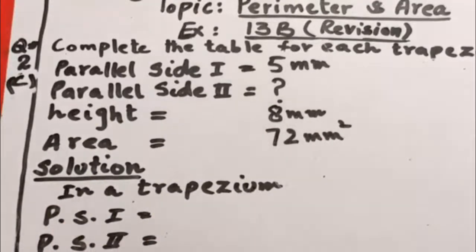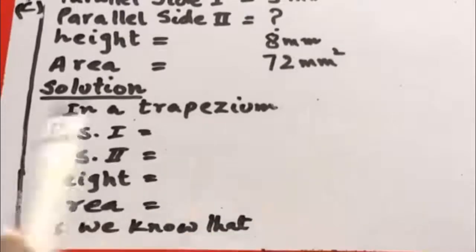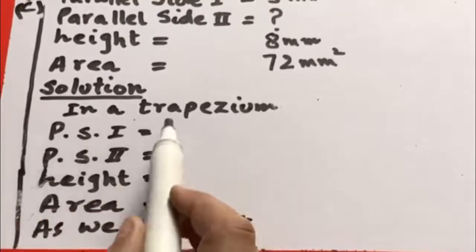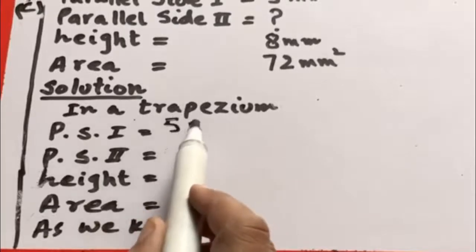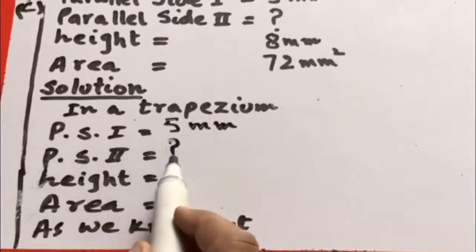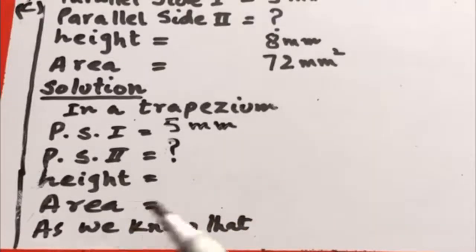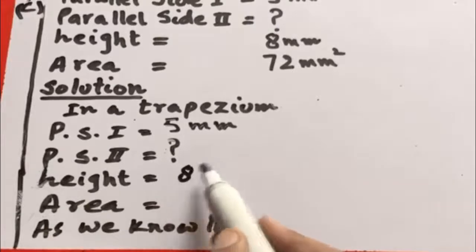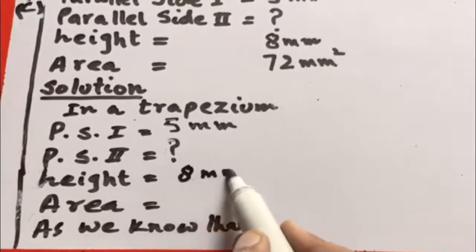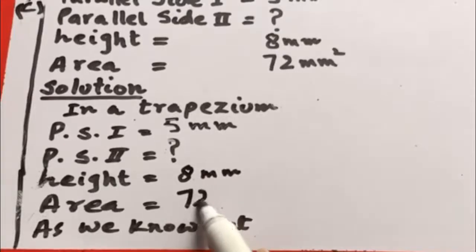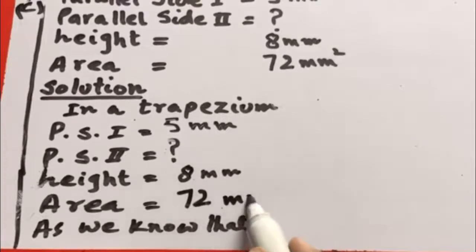So in the solution, we will put the given values: the parallel side 1, which is 5 millimeter, and the parallel side 2 is missing, so we will put a question mark because we have to find it. The height of the trapezium is given, which is 8 millimeter, and the area of the trapezium is also given, which is 72 millimeter square.